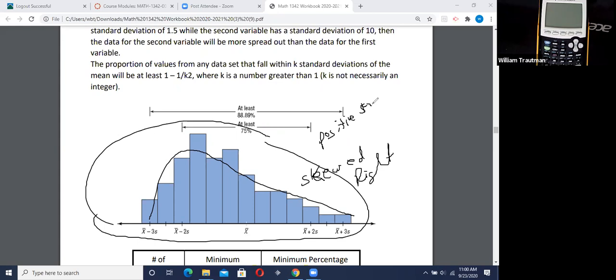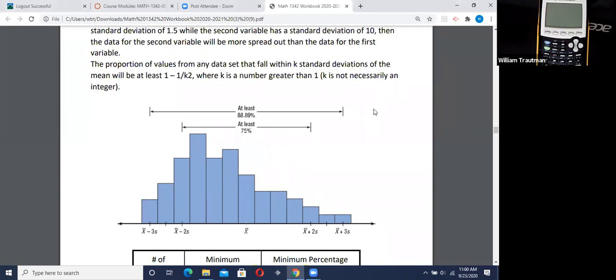Skewed right and positive skewed are the same thing. Remember, skewed left and negative skewed are the same thing. So we use Chebyshev's when our data is not symmetrical. We'll use something else when our data is nice and symmetrical, the same on both sides. But Chebyshev's we usually use when our data is not symmetrical.